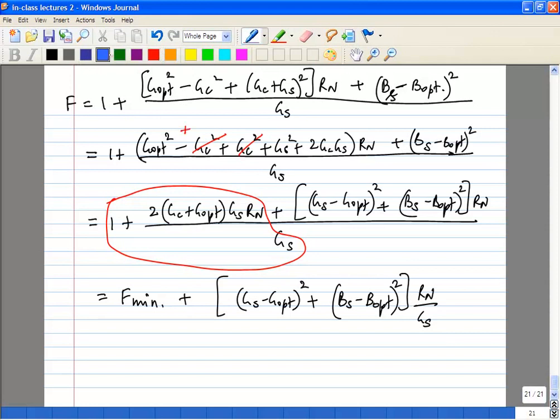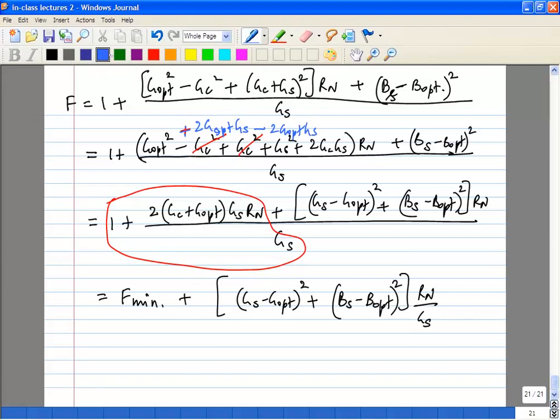So we added 2 G opt GS and we subtracted 2 G opt GS. Okay, so the minus 2 G opt GS went with G opt squared plus GS squared to give you this term. Okay, the other one plus 2 G opt GS with plus 2 GC GS becomes 2 GC plus G opt times GS. Right, the mathematics is pretty straightforward.